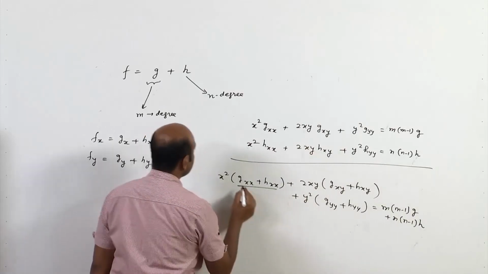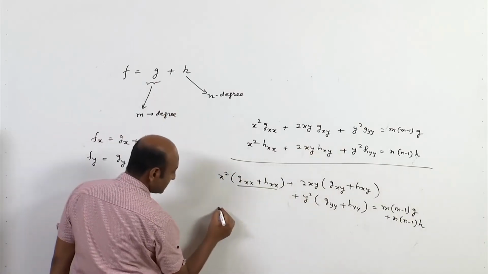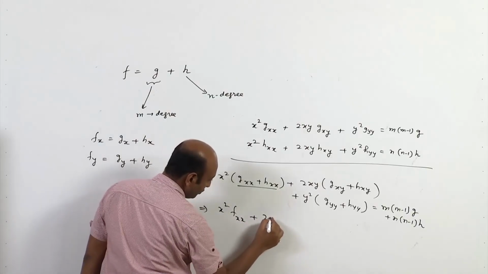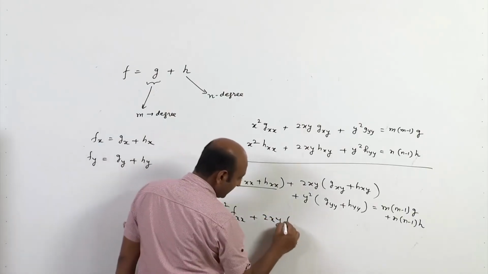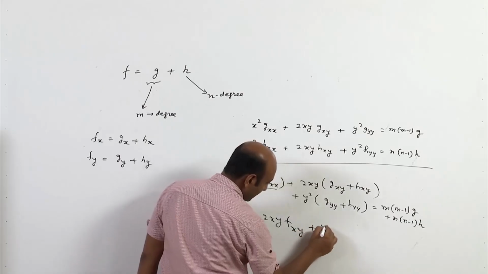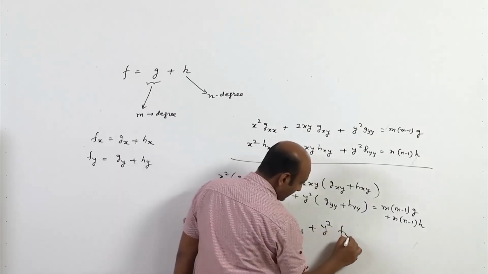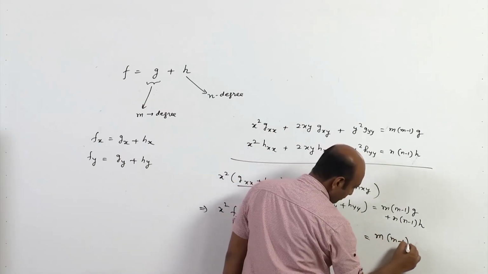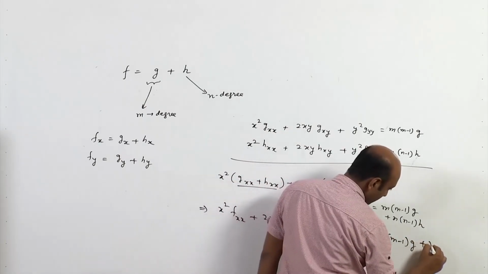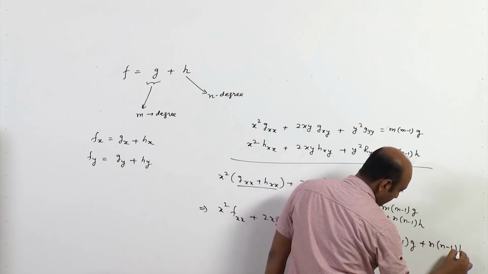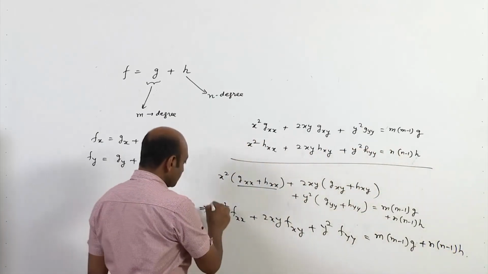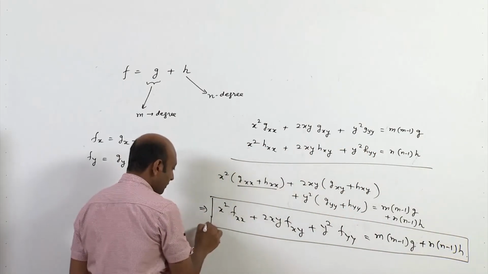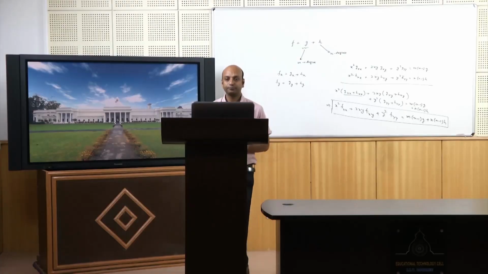Now, gxx plus hxx from here is fxx, so x square fxx plus 2xy fxy plus y square fyy is equal to m minus 1 into g plus n minus 1 into h. So, hence we have shown the second consequence of Euler's theorem. Okay.